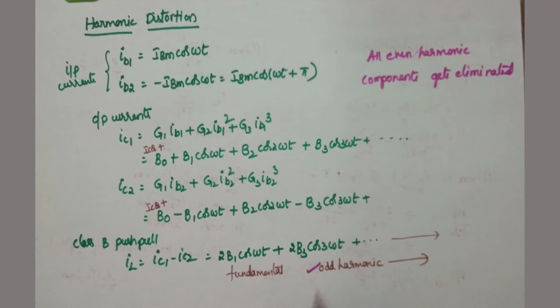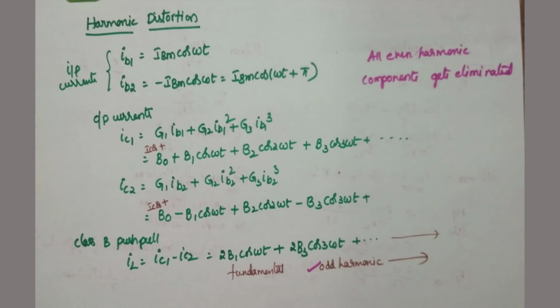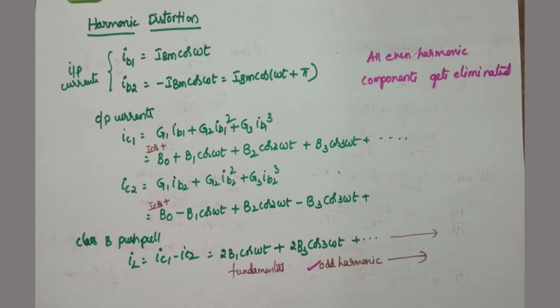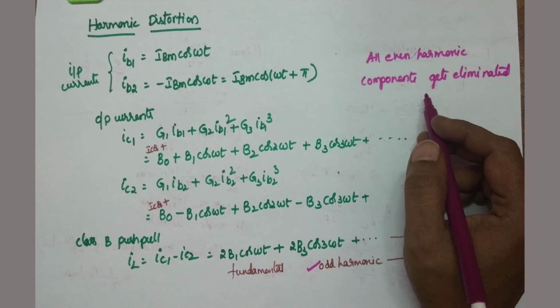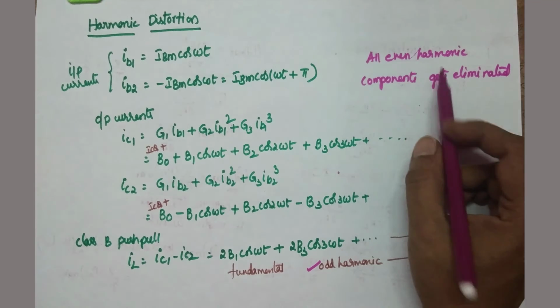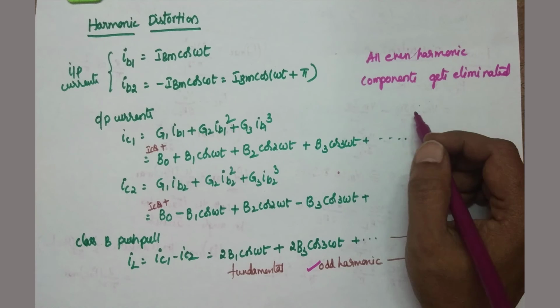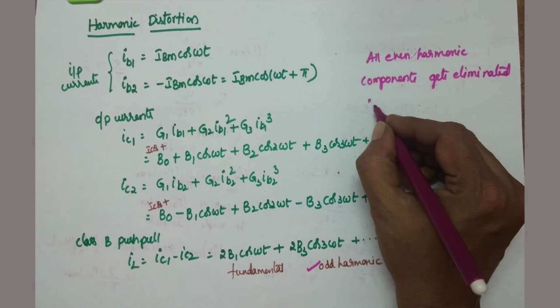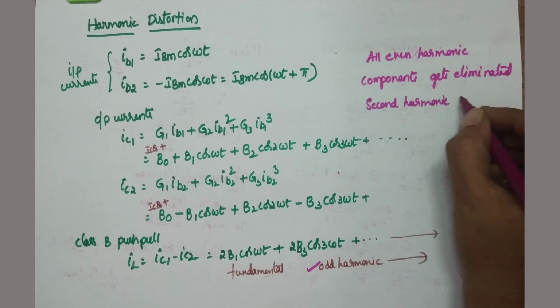We have only odd harmonics in the output of class B push-pull amplifier. Another important point is second harmonic is also an even harmonic component. As all the even harmonic components get eliminated, you can say the second harmonic component is eliminated.